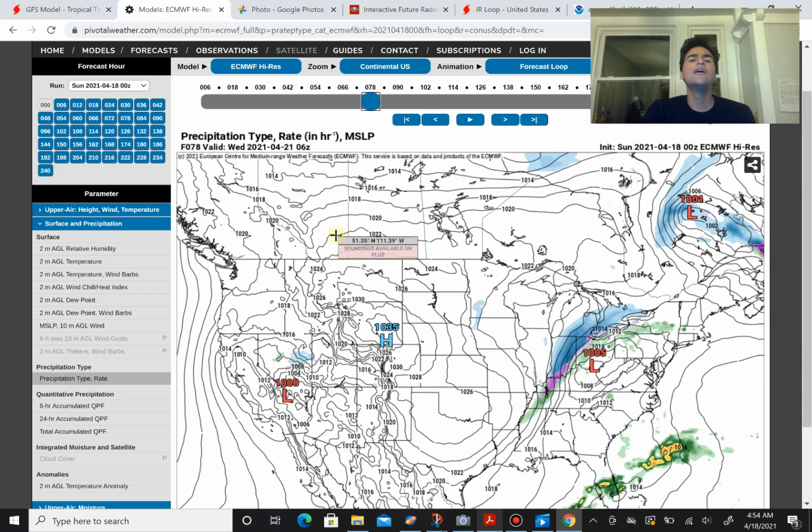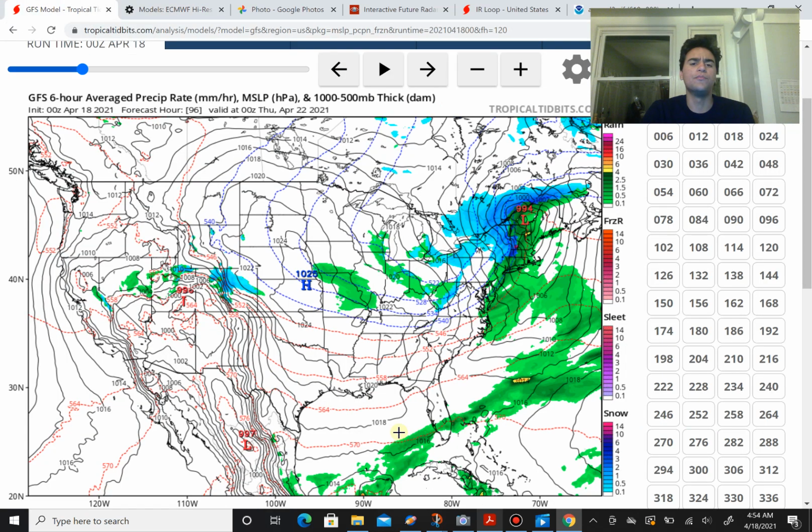And in terms of how the computer models updated from their previous run from yesterday, they haven't changed that much, I'd say. The only difference I really noticed is that mainly the extreme northern portions of the Northeast will get impacted.